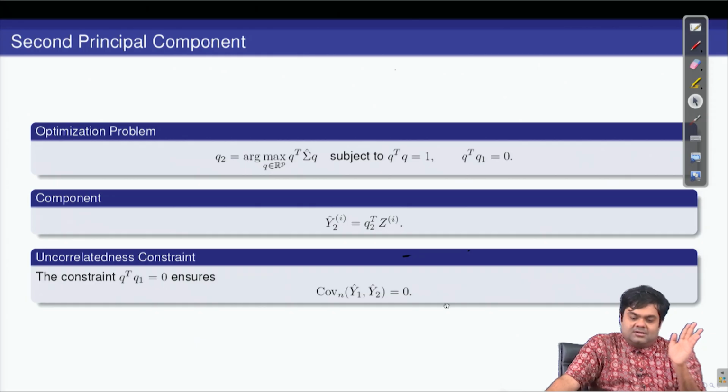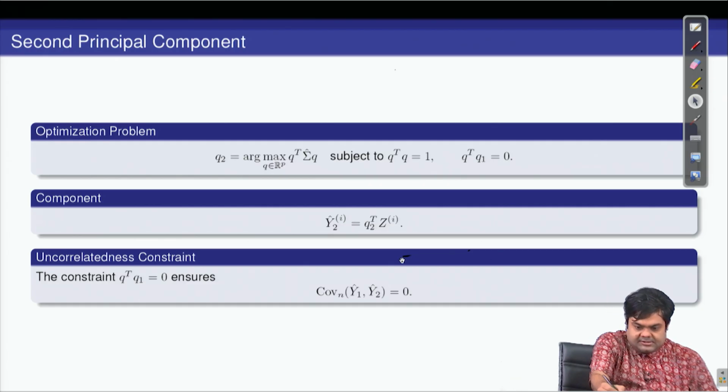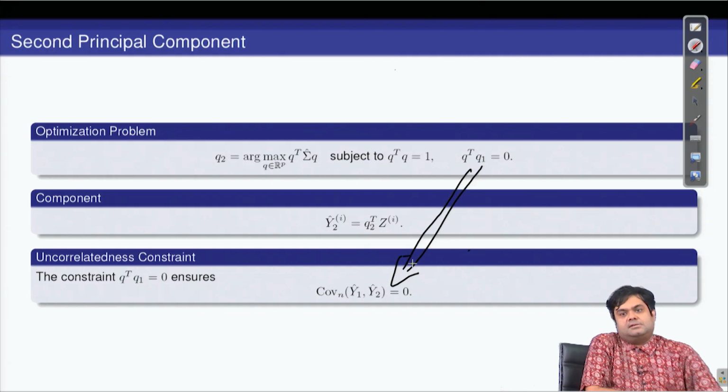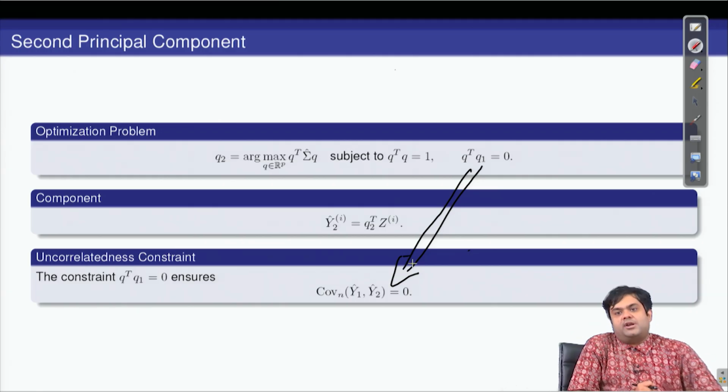Once you get that, you get your second sample PCA. So, you are maximizing the variance amongst all unit vectors that are orthogonal to the already obtained first PCA. This condition implies this. So, orthogonality achieved.